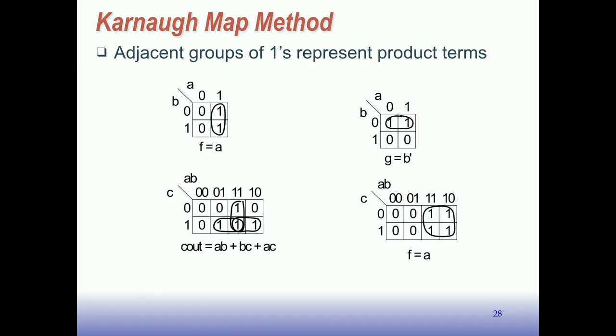The 1 this way is, well, C is a 1 and B is a 1. So that's CB. This one here, C is a 1 and A is a 1. So that's AC. And then this one here, A and B are both a 1, and C doesn't matter. Okay. So you can see there's a direct correspondence between these little groups inside the Carnot map and the Boolean expression.